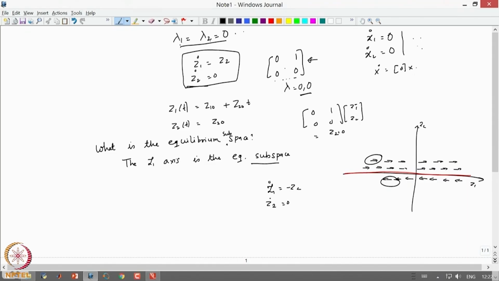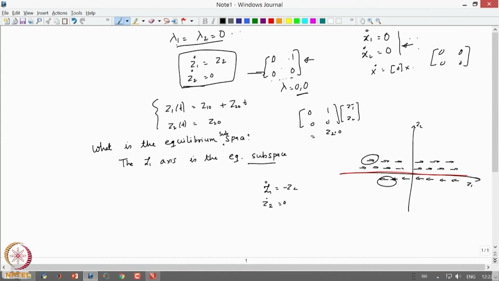When the algebraic multiplicity is equal to the geometric multiplicity, the Jordan form simply has this form, and the equilibrium subspace will have dimension 2. Whereas, in this case the Jordan form takes a form like this, and you will have the phase space given by this set of equations.